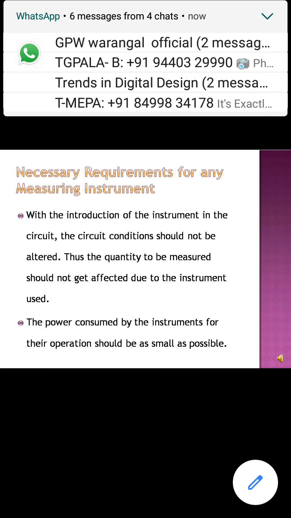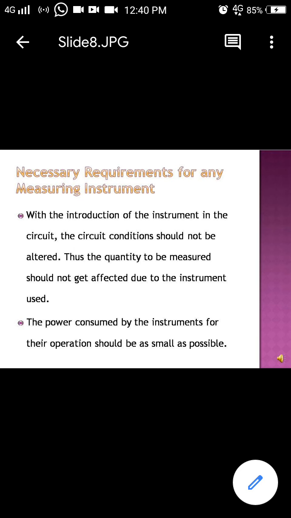Necessary requirements for any measuring instrument: the power consumption should be as small as possible, and by introducing the instrument in the circuit, conditions should not be altered. Thus, the quantity to be measured should not get affected due to the instrument used.